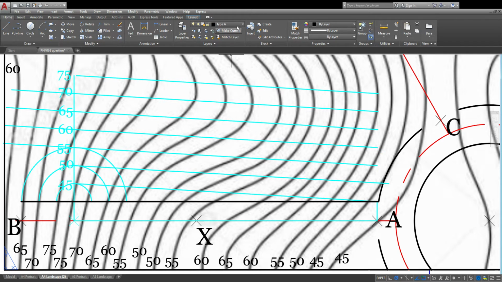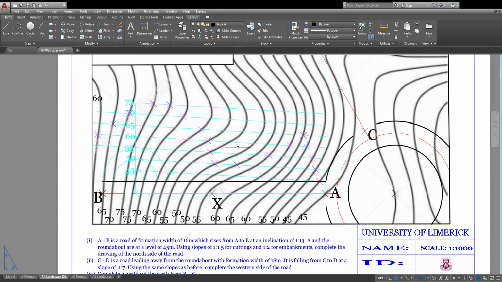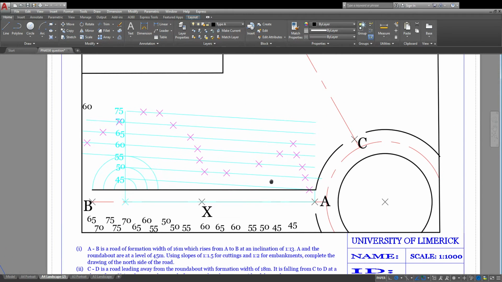So I'm just going to put them in. There's all our points plotted in the pink X's. Every point plotted is where the corresponding line crosses its matching contour line. So now that's basically part A for the moment.